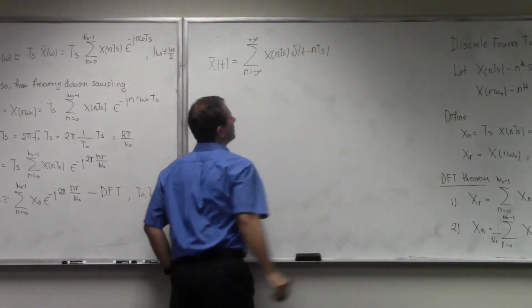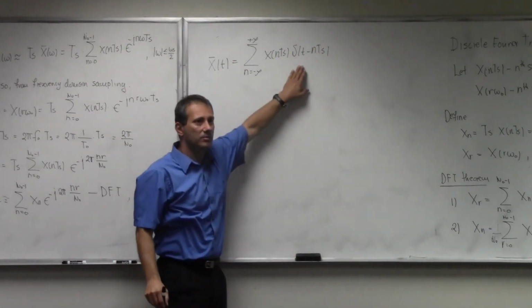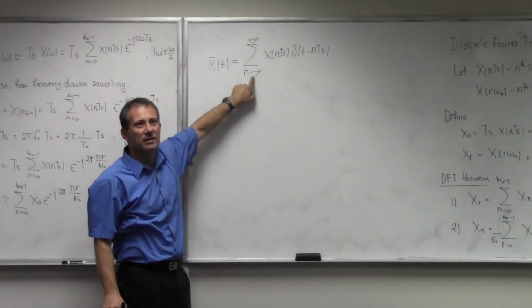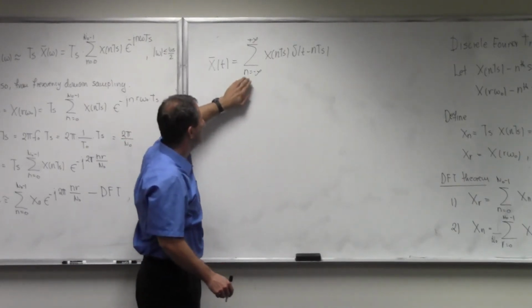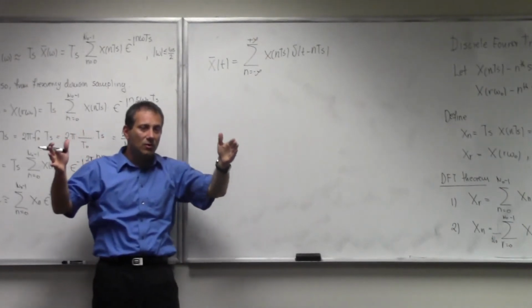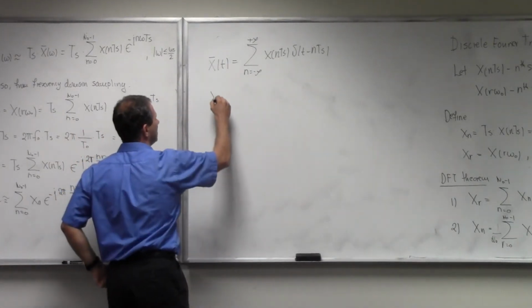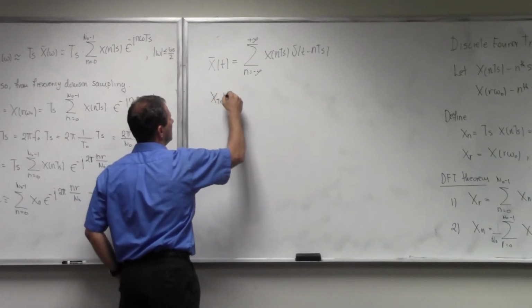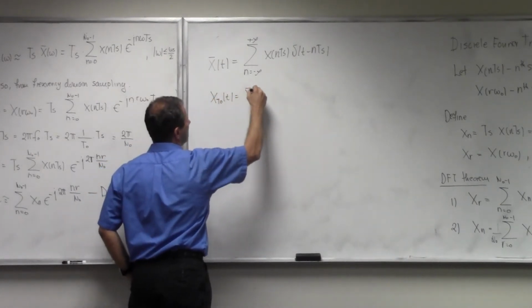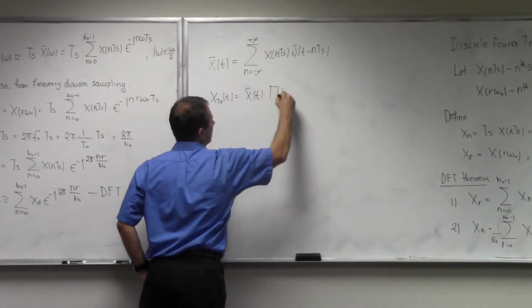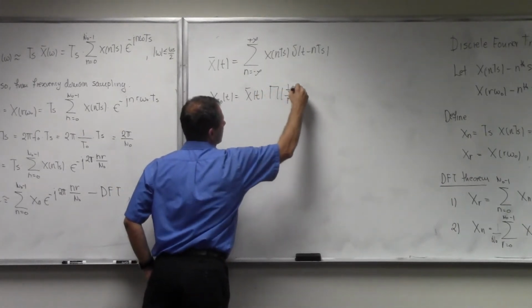Even if we forget for a moment that this delta cannot be generated, what this assumes is that you have the entire signal, and you're never going to have the entire signal. So our signal is always going to be truncated. Now, what we actually have is something like this, x_T0 of t, which is x of t times pi of t over T0, right?